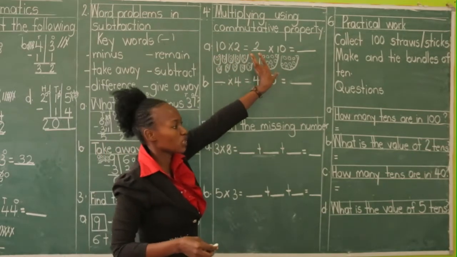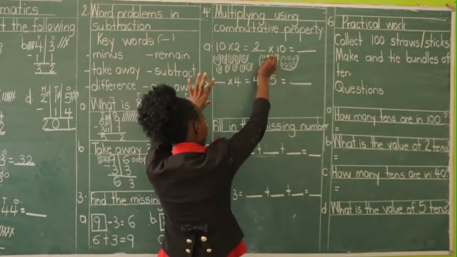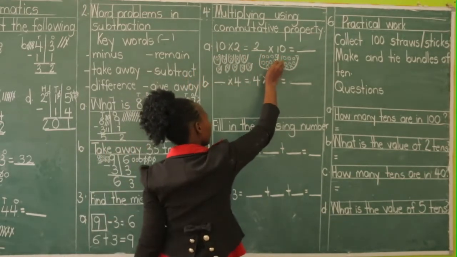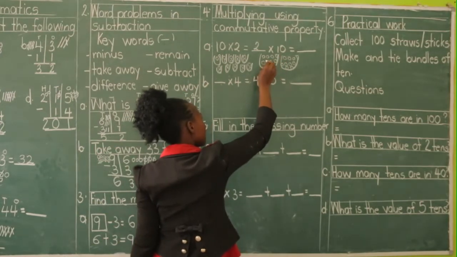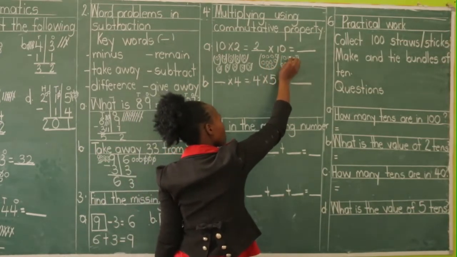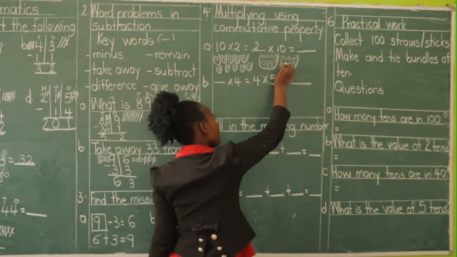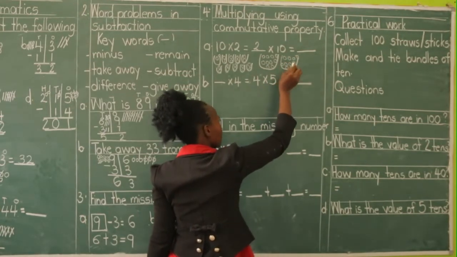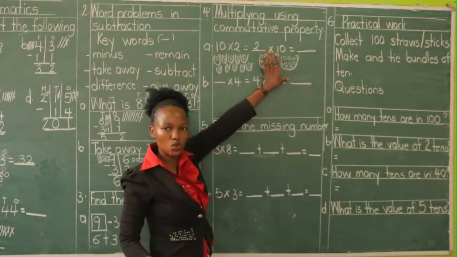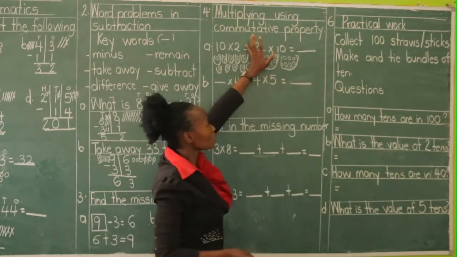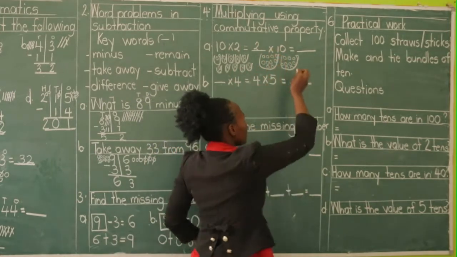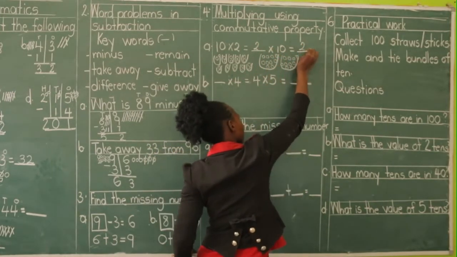Let's show that we also get 20 here. 1, 2, 3, up to 20. Still here we get 20. Now 10 times 2 and 2 times 10, we get 20.